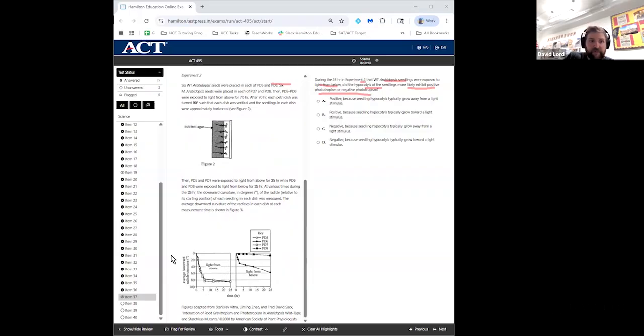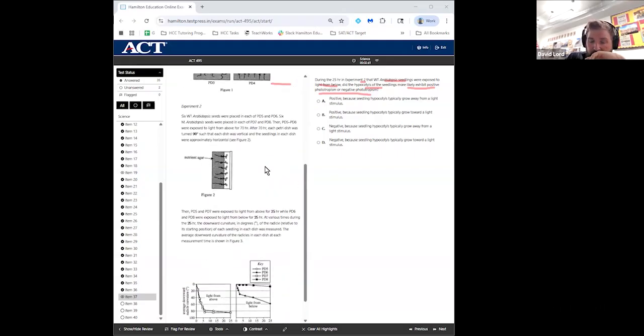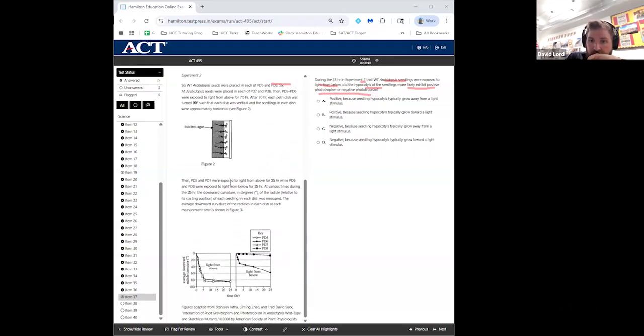We have the radical curvature, but looking at this right here, I don't quite see the answer. But normally hypocotyls will grow towards the light. So I feel like PD5 and PD7. So those are the white circles and the square. Okay. Oh yeah.